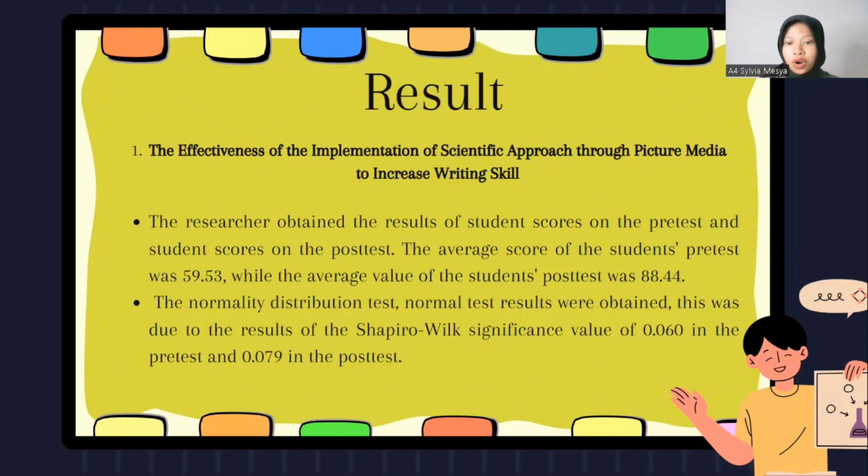The average score of the student pre-test was 59.53, while the average score of the student post-test was 88.44.